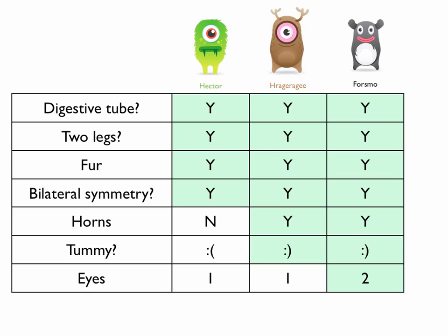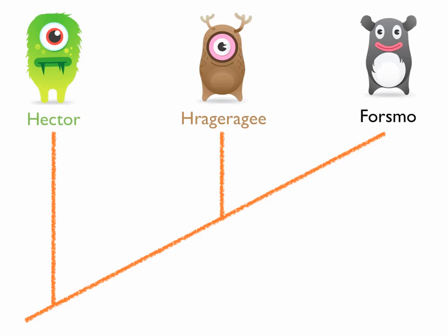Look at those little tummies, so cute! These features represent more recent adaptations that only the common ancestor of the Forsmo and the Ragaragi would have. Finally, since only the Forsmo has 2 eyes, we can conclude that this feature represents the newest adaptation to evolve. So our hypothetical family tree would look like this.